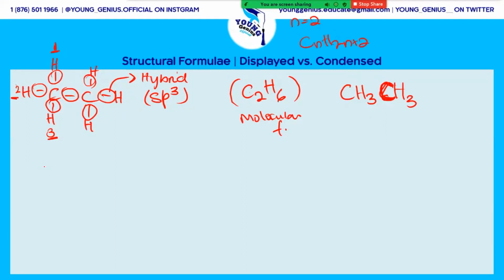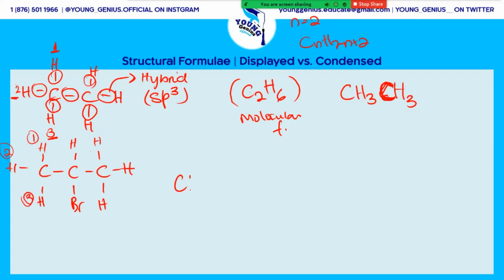So let's look at the displayed formula for, let's say, a bromoalkane. So let's say you have this, put a Br right here, and H, H, H, H, H, H, and H. You write here the first carbon, and on that carbon you have 1, 2, 3 hydrogens. Then you have another carbon, and you have 1 hydrogen, so you write down H, 1 bromine, so you write Br.